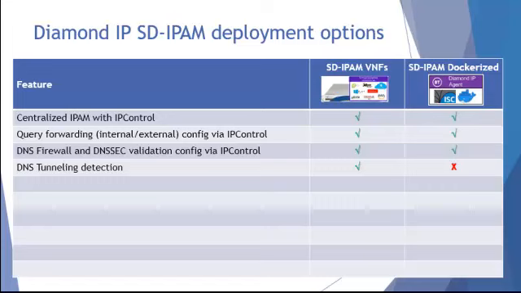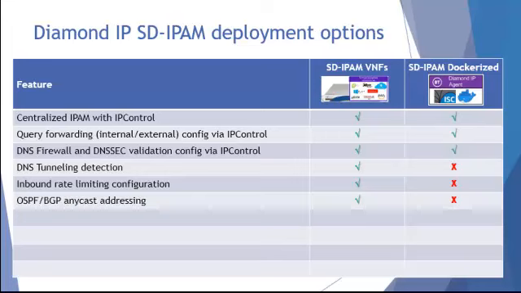DNS tunneling, however, is a function of our appliance and is only available in the VNF option, whereas the Dockerized version, again using the native ISC DNS, does not support tunneling detection nor inbound rate limiting configuration. It does support outbound, so for reflector attacks and the like, you can get that with both options. Anycast addressing, again, that is something we support with our appliances, not necessarily in the stock ISC version that we've Dockerized, and likewise with SNMP, MIBs, and traps.